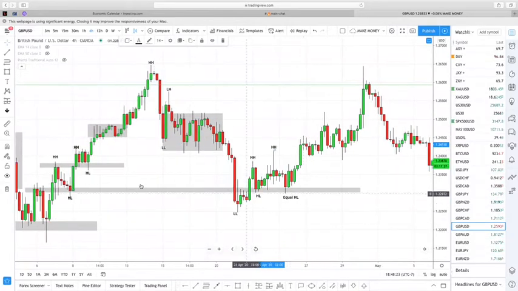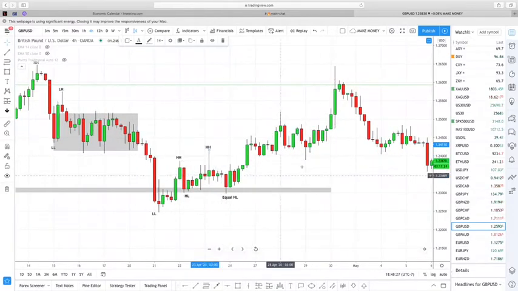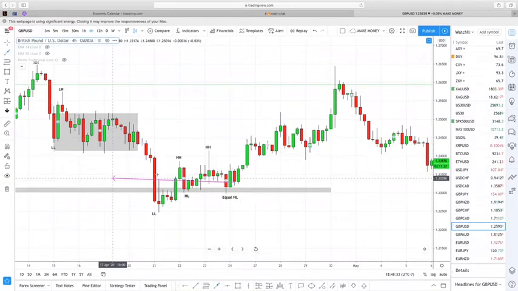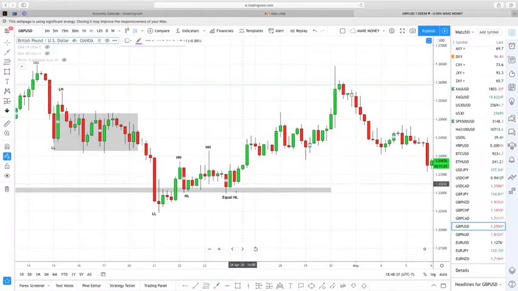Same thing, looking at this back here on its way up. So you got, let me do this. You got price coming up from here, got your equal higher low, got your higher high right here, bang.